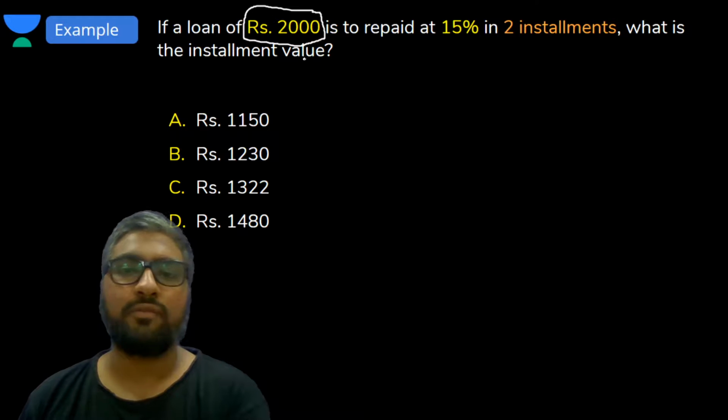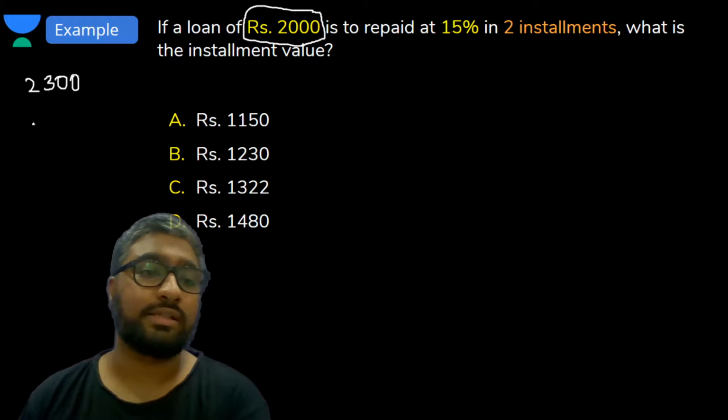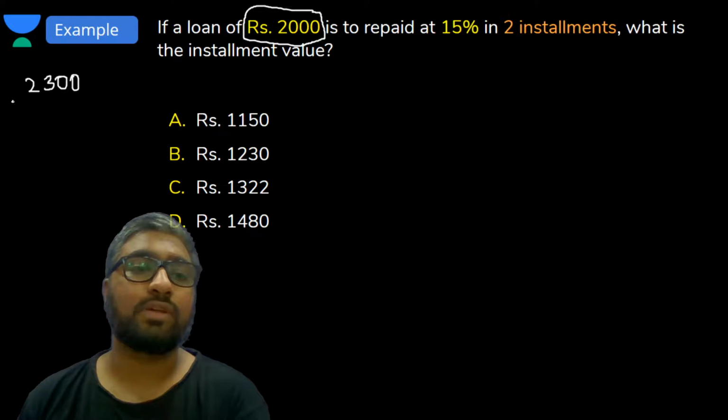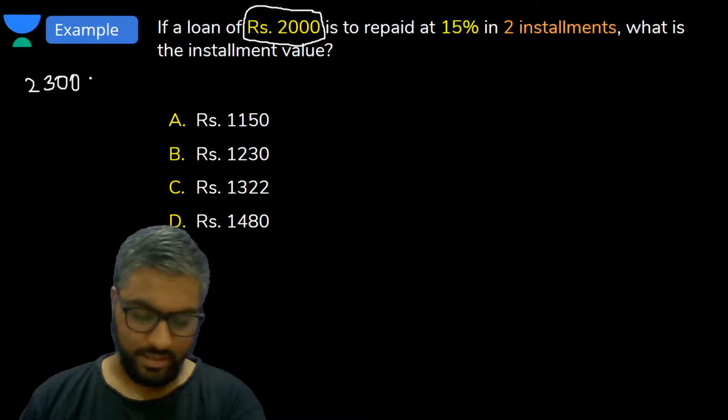For the first year, the amount would be how much? 2000 plus 15% of that. First year is how much? 2300. Second year would be what? 2300 plus 15% of 2300.